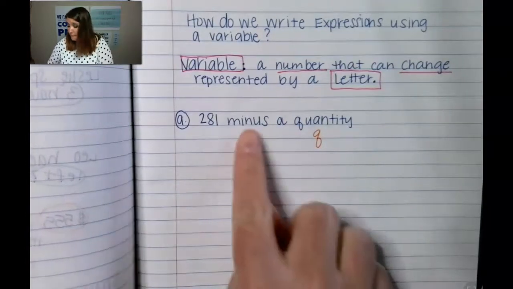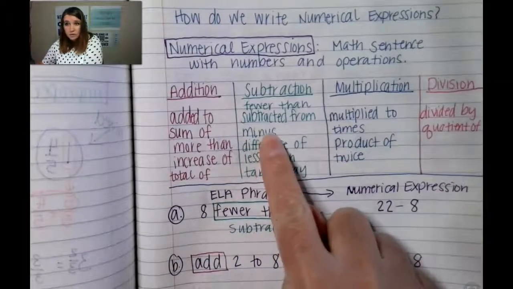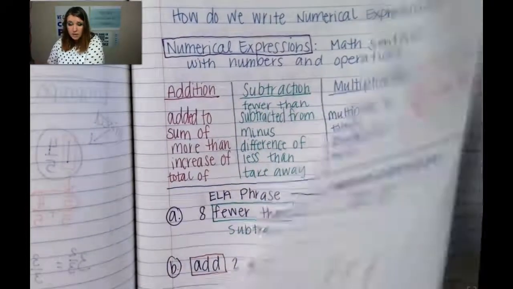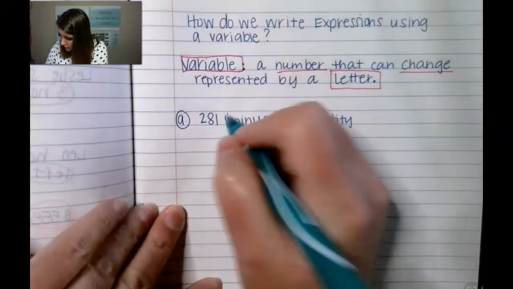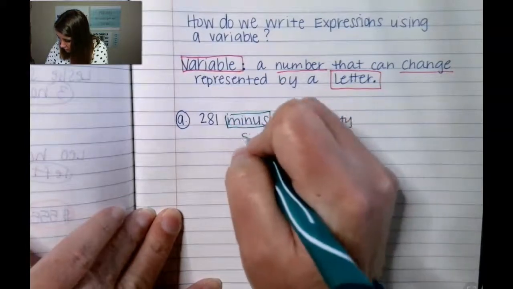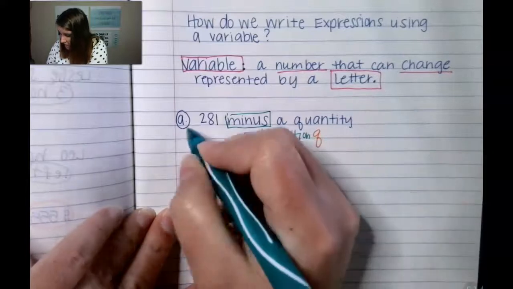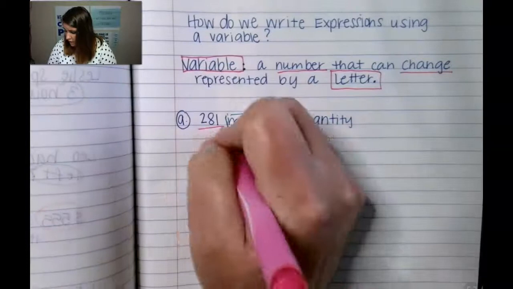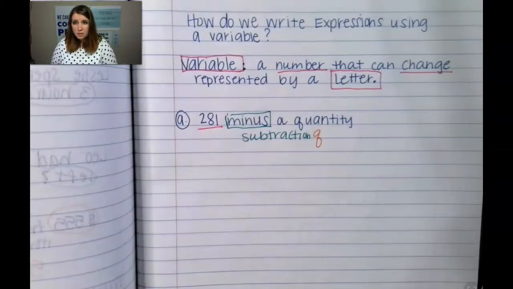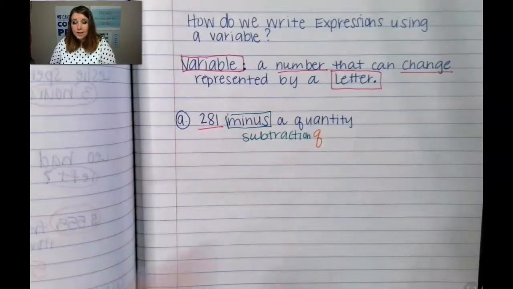We know minus stands for subtraction, right? It's in our subtraction category. So we know we're going to be subtracting. So let's color code this as subtraction. And we have our starting value right there. So our starting value is the number that it starts with. So we're going to use this number, subtraction, and Q, and we are going to write a sentence.